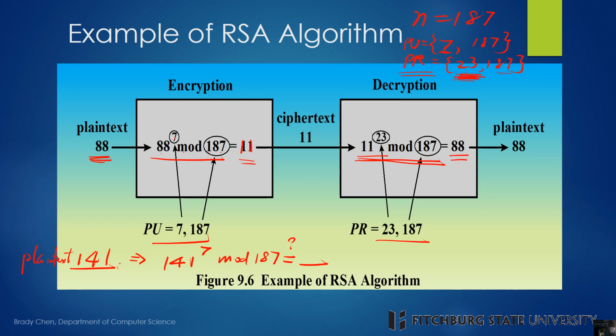Once you get this ciphertext, you can verify it by raising it to the 23 mod 187, and you are guaranteed that it is going to be 141. Whatever number you got, to the 23 mod 187 will give you 141.